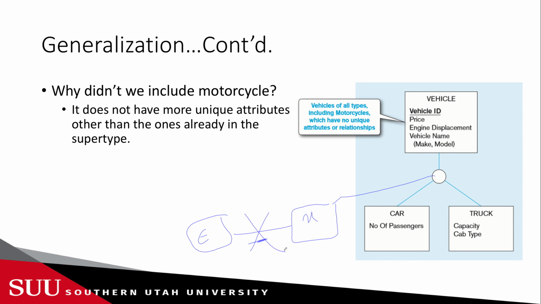But if I don't have this relationship, then I won't have this, because motorcycle will be included under vehicle. It doesn't have anything more specific to allow us to have an entity type for it.